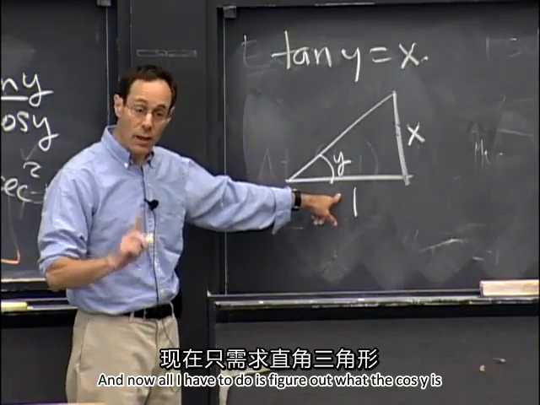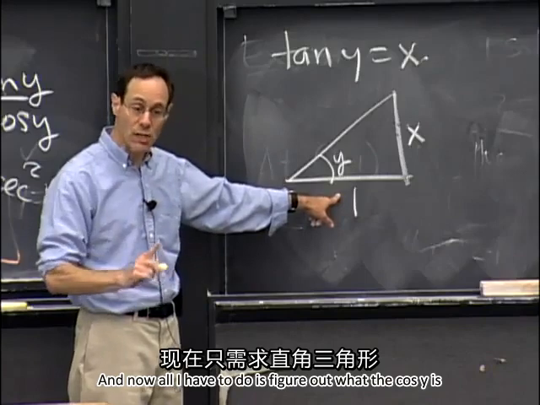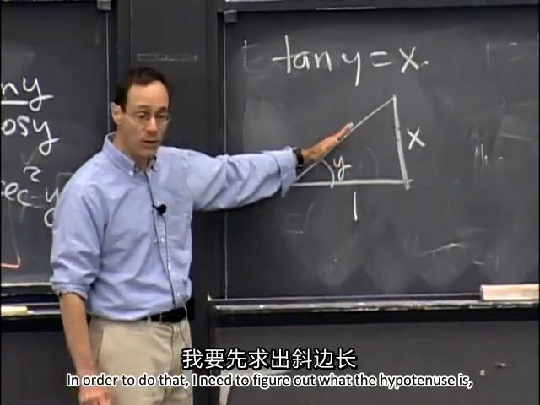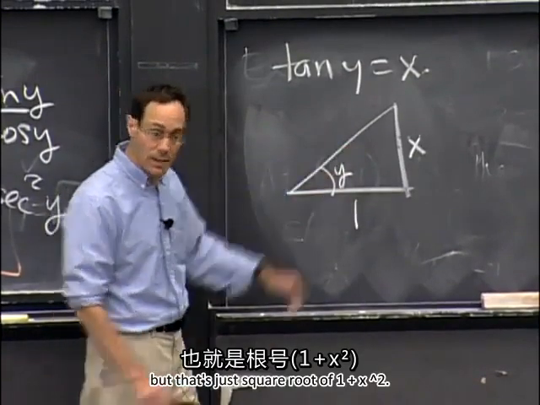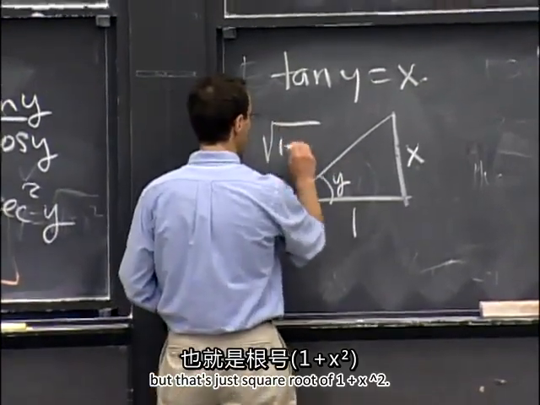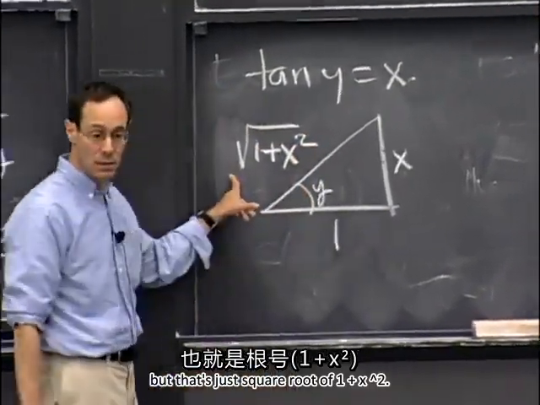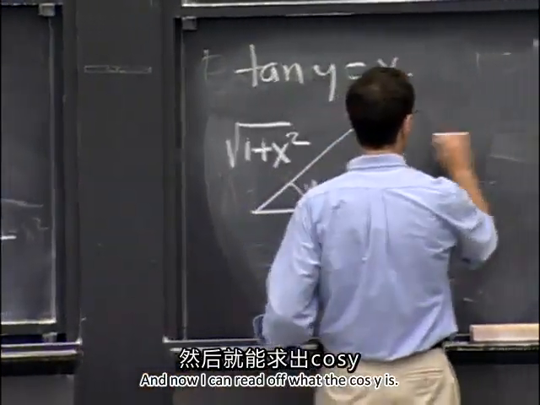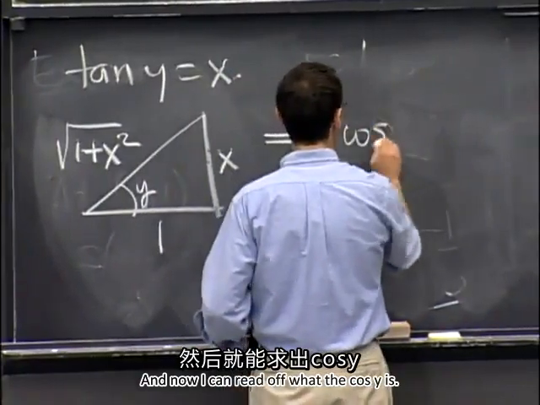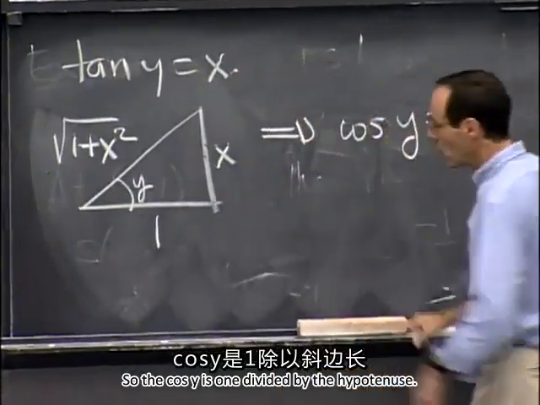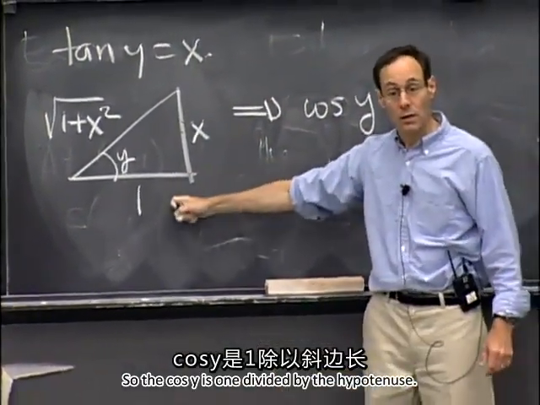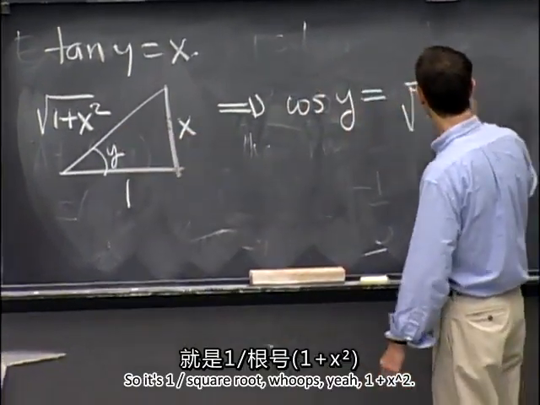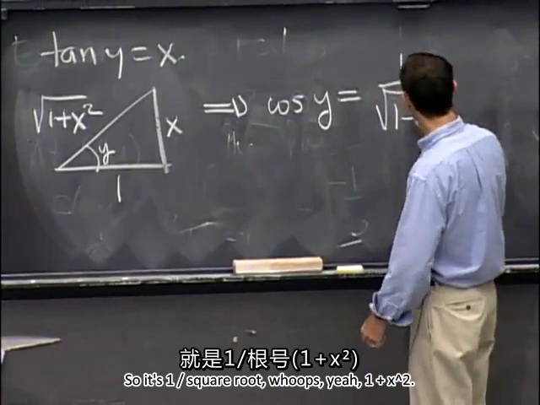And now, all I have to do is figure out what the cosine of y is in this right triangle here. In order to do that, I need to figure out what the hypotenuse is. But that's just square root of 1 plus x squared. And now I can read off what the cosine of y is. So the cosine of y is 1 divided by the hypotenuse. So it's 1 over square root of 1 plus x squared.